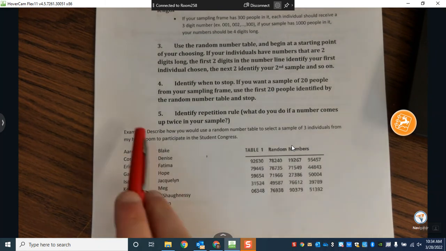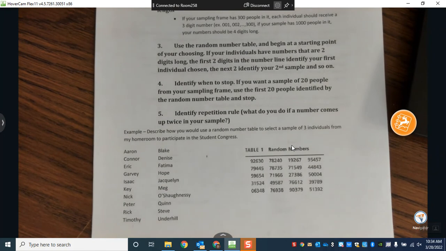Whatever your group is, if it's people, say you'll write down all of their names. Or if it's something more abstract, like let's say I'm randomly selecting some plants, give each plant a number. So you're identifying each of your individuals. You put those names or those numbers on individual sheets of paper.